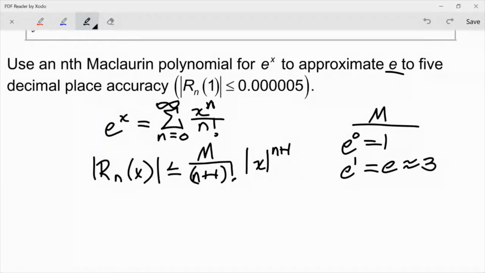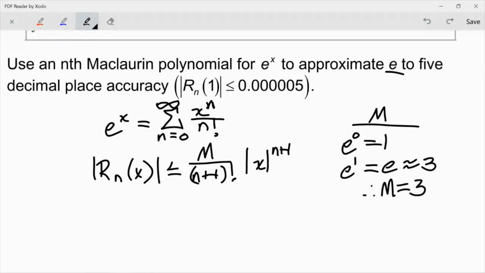So if I make 3 my maximum value, I know for sure I'm not going to be further off than whatever the maximum value is. So I'm setting the maximum value a little higher than I know it is, so it makes my error bound definitely contain the value that I'm looking for. Okay, so I'm going to say in this case then, my M value is 3.